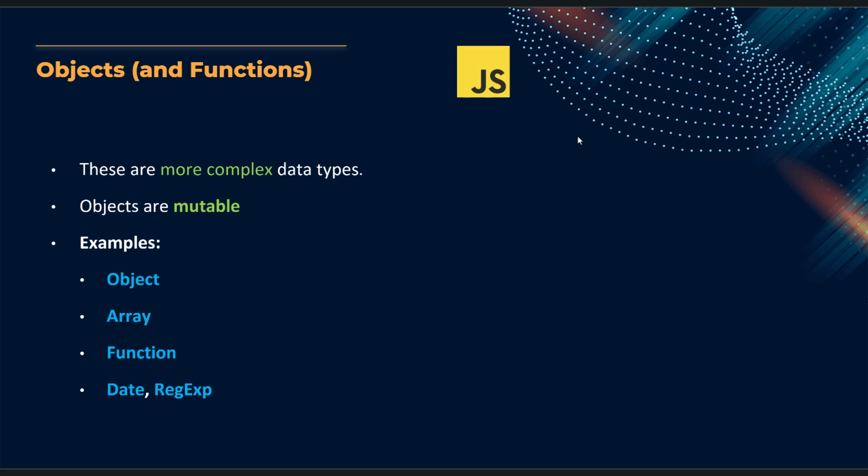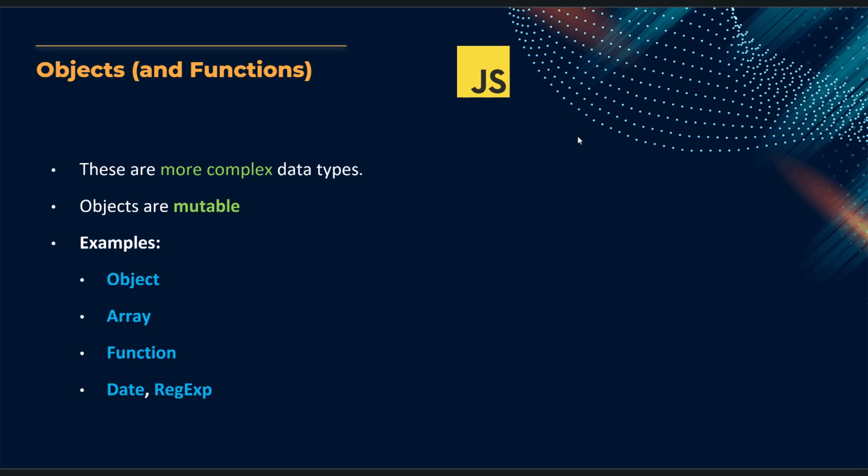Next up, we have objects. And remember, functions are a special kind of object too. These are more complex. They can hold collections of other values, which we call properties, or even actions they can perform, which we call methods. Unlike primitives, objects are mutable.